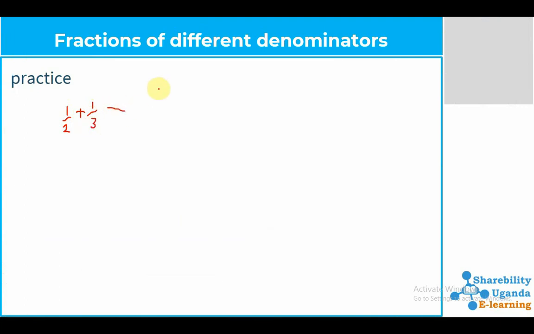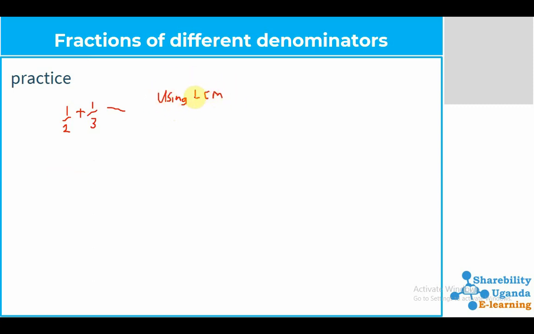So I was introducing a method of using LCM. LCM means lowest common multiple. When using LCM, I remember I taught you how to get the LCM.